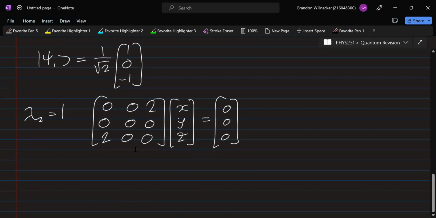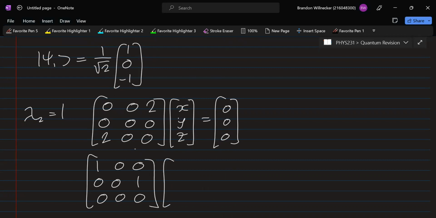Again, we can do row operations to simplify this. So we have 1, 0, 0; 0, 0, 1; 0, 0, 0. Yes, I've just divided the rows by 2, shifting some rows around so that the 0 row is at the bottom. Of course, that's not compulsory, but that's what you should have done last year when you did systems of equations.